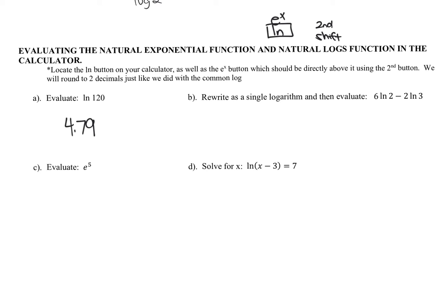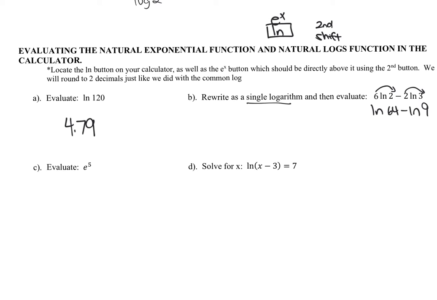Then as we go to B, it does say rewrite as a single logarithm first and then evaluate. You technically could type it in, 6 natural log of 2 minus 2 natural log of 3, all in one shot. But since it does say rewrite as a single logarithm, the first thing I'm going to do is bring those powers back to make that natural log of 2 to the 6th power, which would be 64, minus natural log of 3 squared, which would be 9.